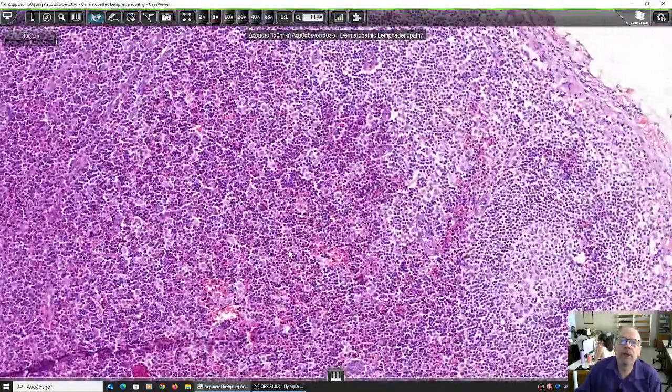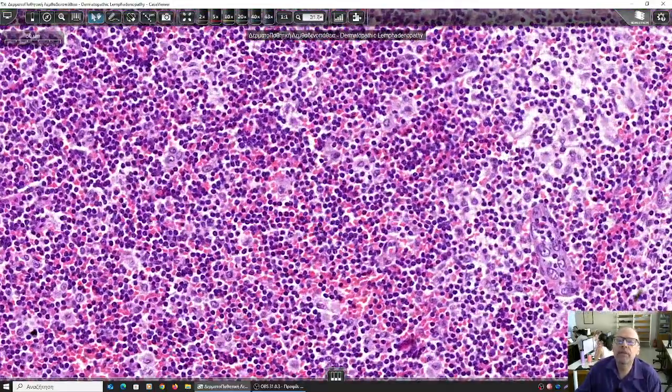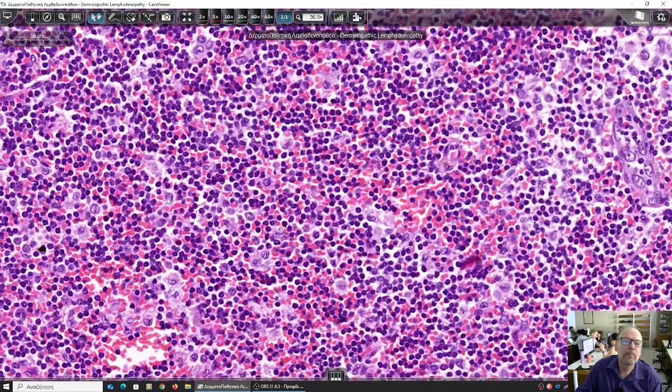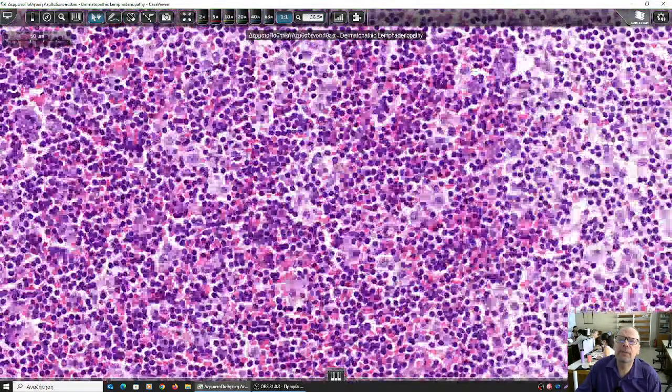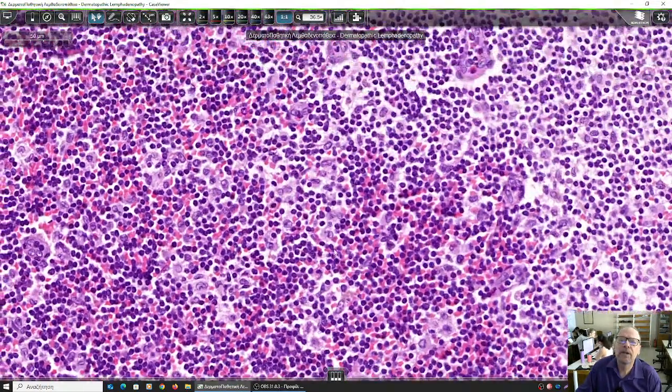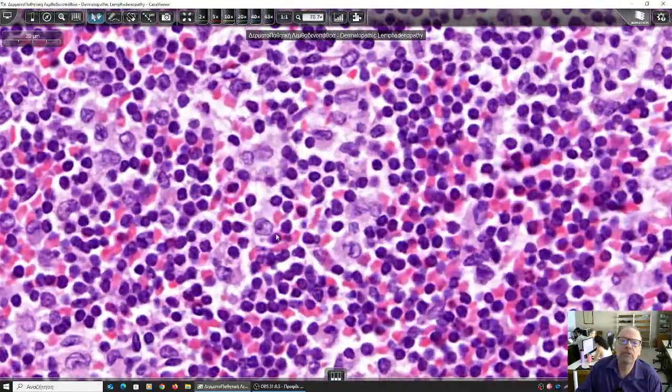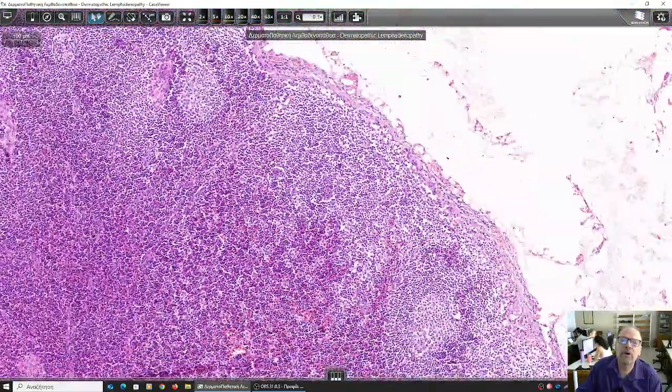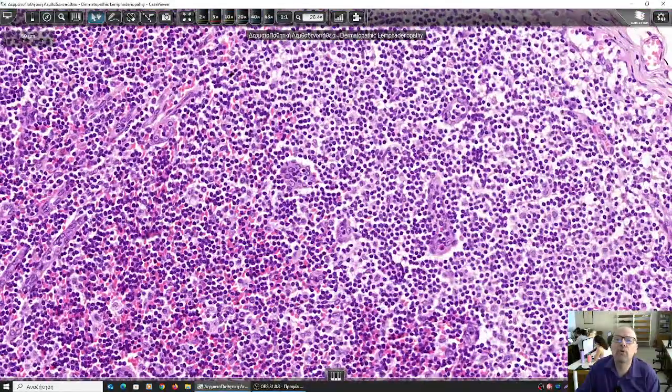However, if we look closer, here there are some cells like these. You see these cells, which are some cells of inflammation that have gathered here and caused the expansion of the parafollicular zone.